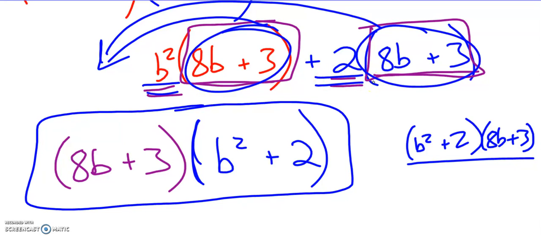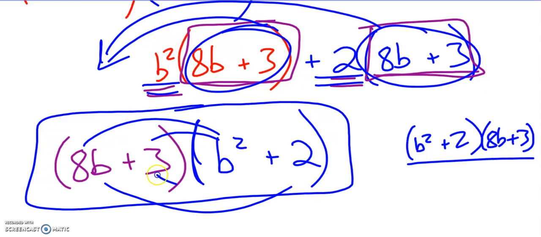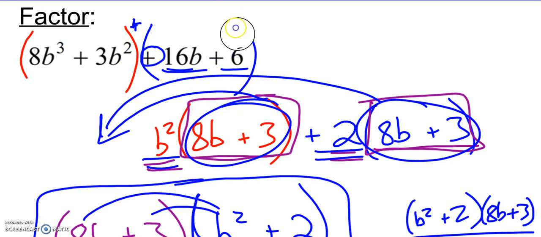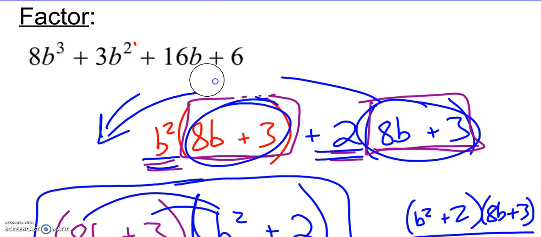And that's what we got. So now, if you ever wanted to check your answer, you could FOIL our answer. So first, outsides, insides, last. You could FOIL that answer, and what you should get then is what we started with. Okay, so that is factoring by grouping.